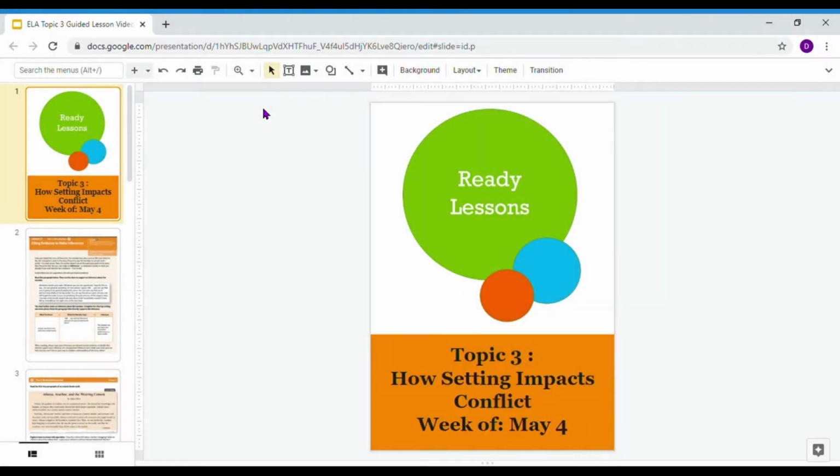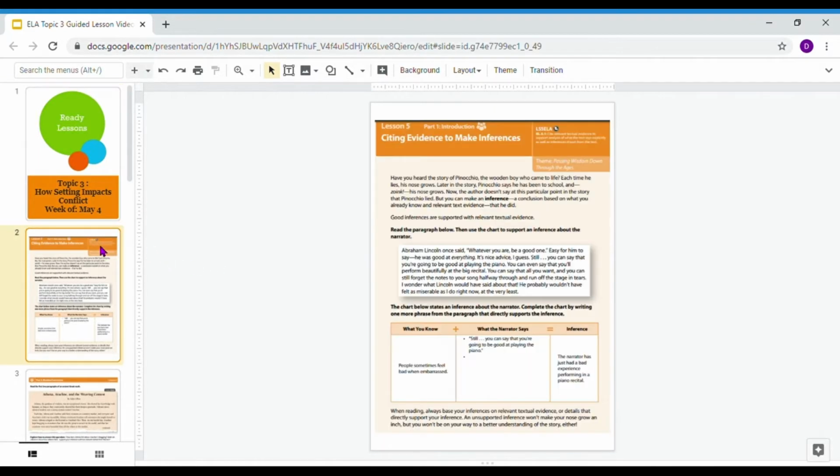So let's just get right into our topic 3, how setting impacts conflict ELA lesson. And more specifically, we're going to be talking a lot about inferences during this lesson today.